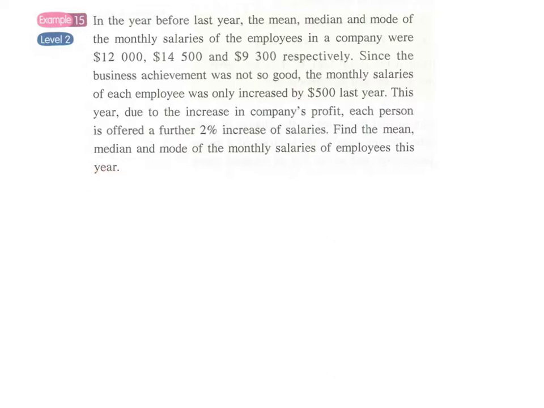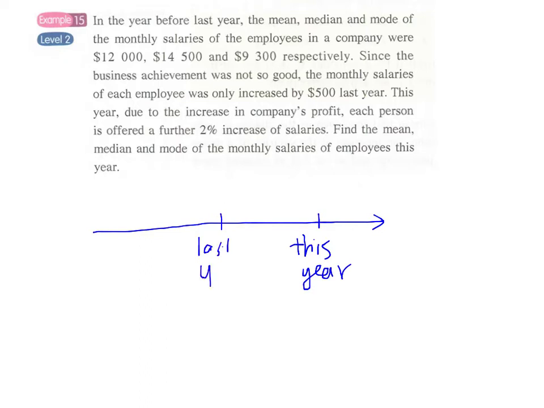So to make the problem a little bit clearer, we simply draw a timeline to show the whole situation. So this is this year, and this is last year. And this is the year before last year.